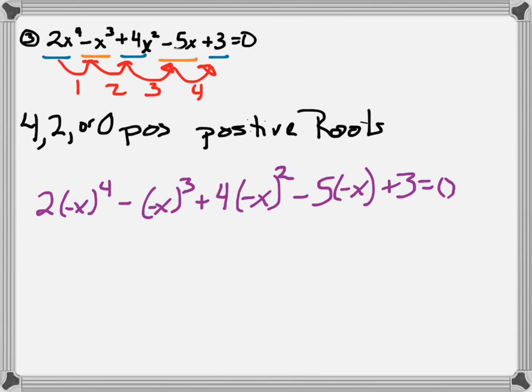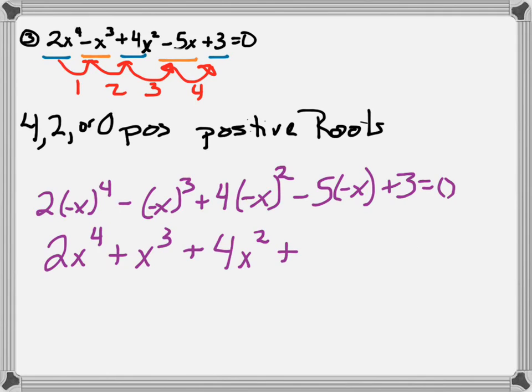And so when we have a negative x to the 4th power, does it change the original sign in front? No. If we have a negative x cubed, does it change the original sign in front? Yes. When we have a negative x squared, does it change the original sign in front? No. When you have a negative x to the 1st power, does it change it? Yes.